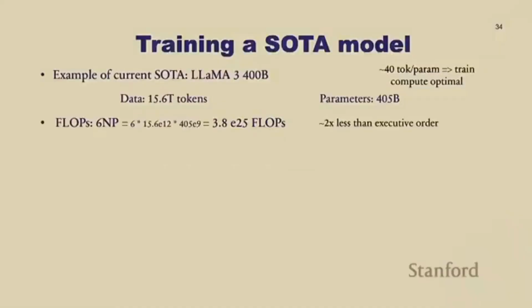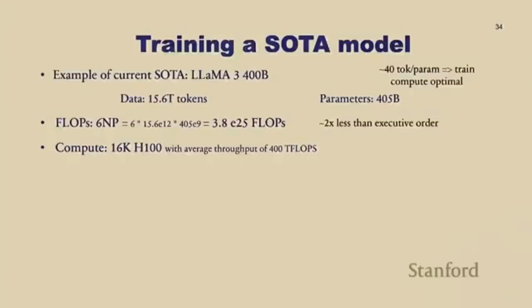So they went 2x less than that. They really went right below this to not have special scrutiny. So 3.8, I might be off by a little bit, but it's definitely under the 1E26. So P is parameters, N is data, number of tokens. This is just an approximation.